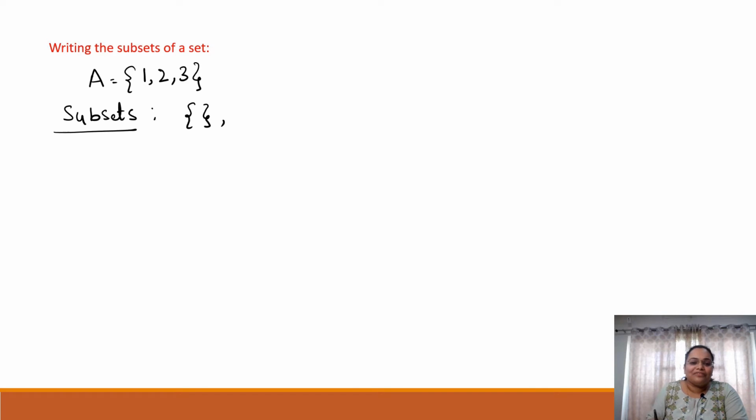After writing a null set, I will take individual elements first. 1, 2, because 1 belongs to A, we have an element 1 in set A. So set 1 is a subset of A. We are taking single elements to write the subsets.